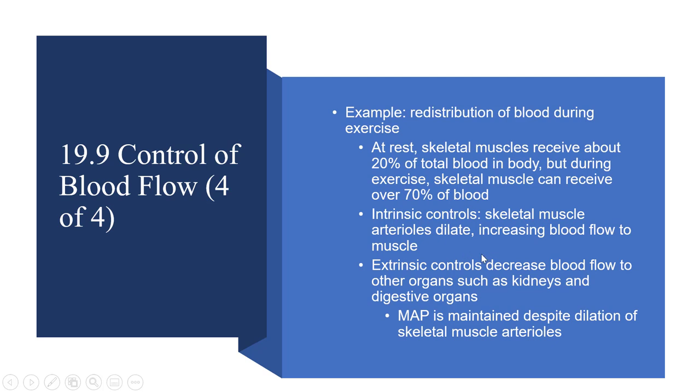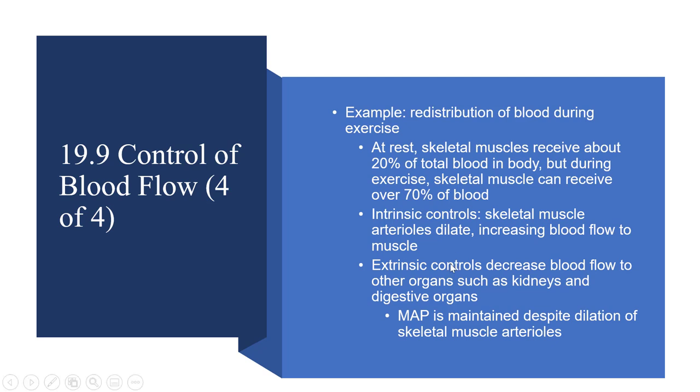there is going to be decreased blood flow to other organs such as the kidneys and digestive organs. So the decreased blood flow to other organs is a chance for some volume of blood to be directed into the skeletal muscles, and that's the reason why from 20% it went up to 70%.